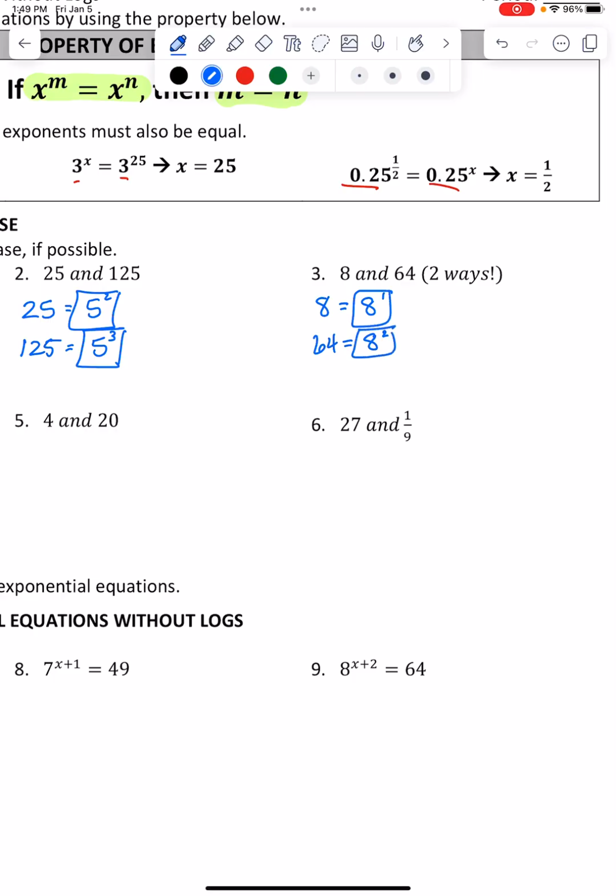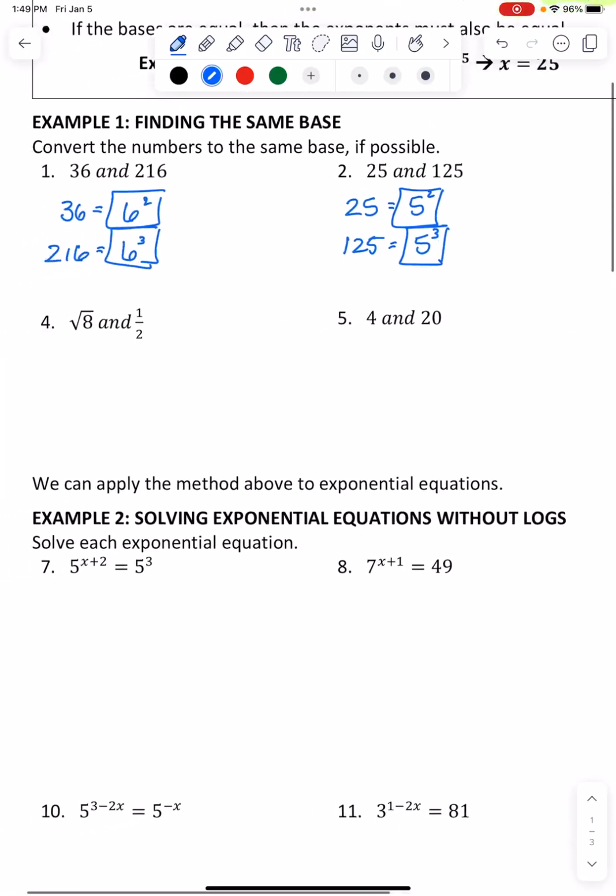Or, we could rewrite 8 as 2 to the 3rd power, and then 64 is 2 to the 6th power. Either way is perfectly fine, okay?